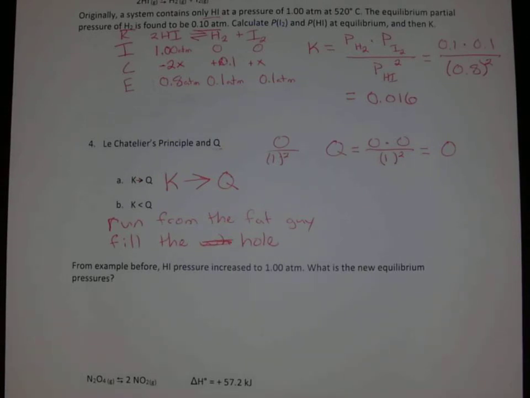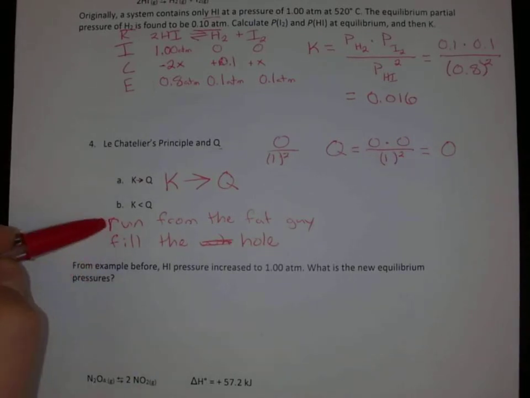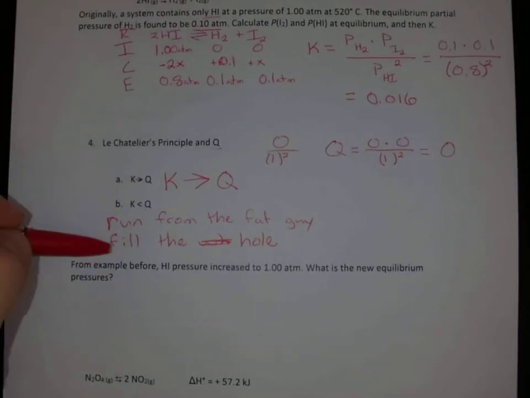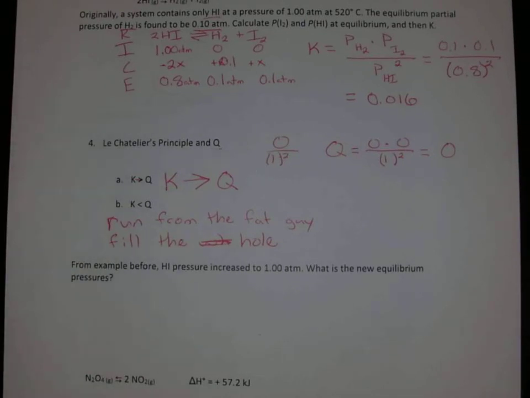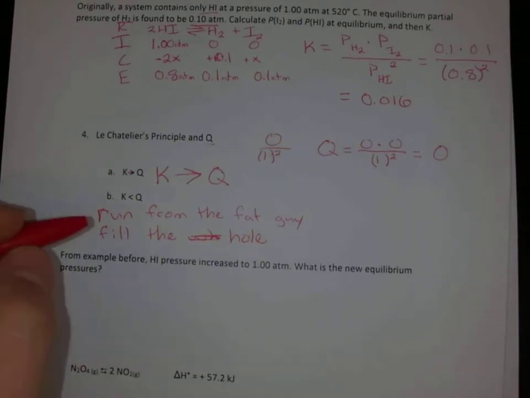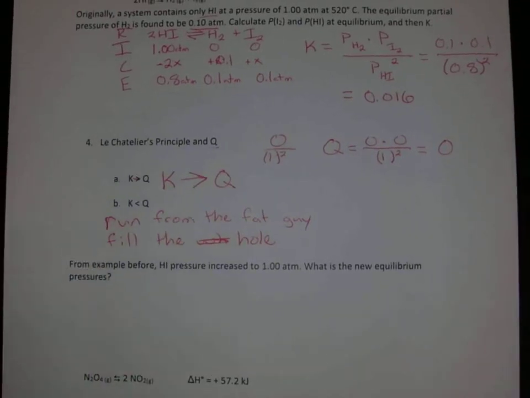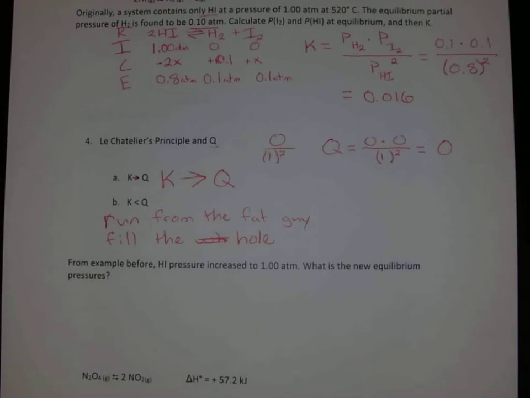Therefore, our system moves to the right, towards our products, to produce more products and get to equilibrium. We are not saying there's a hole on the right so we have to fill the hole. We are going to run from the fat guy and fill the hole, but we just have to use more scientific language to explain our thought process there, okay?